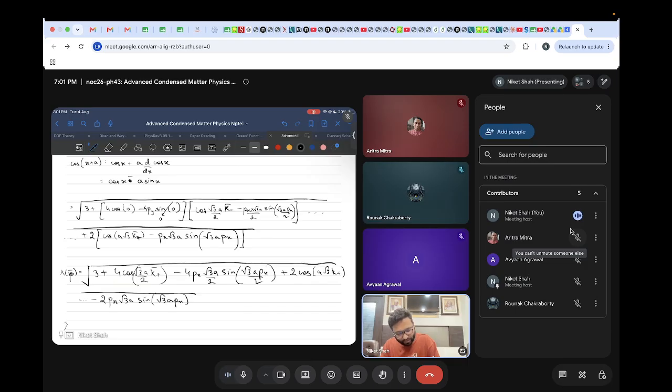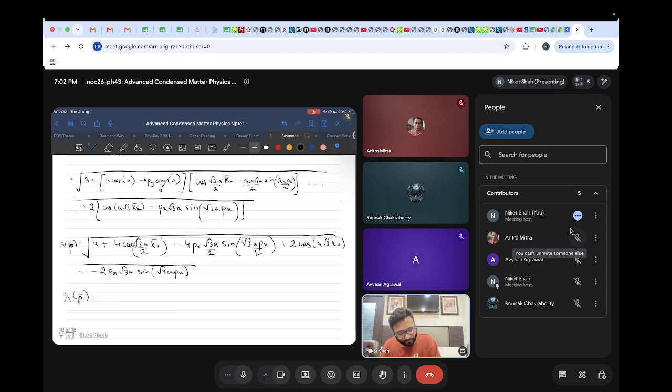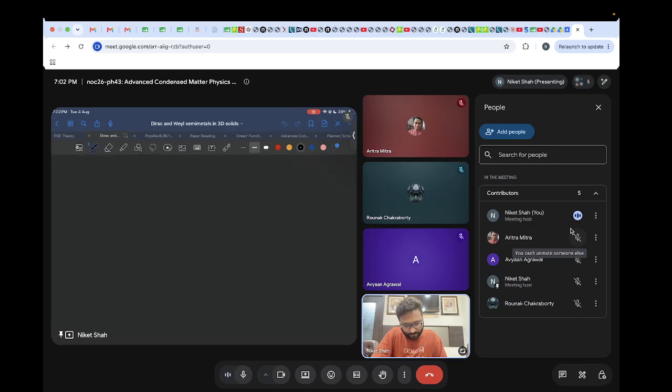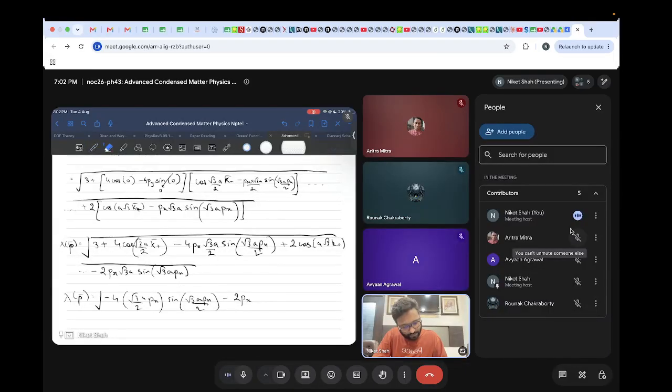So I cancel out those 3 terms, and what I end up getting is minus 4 px root 3a by 2 sine of root 3a px by 2, minus 2 root 3a px sine root 3a px.